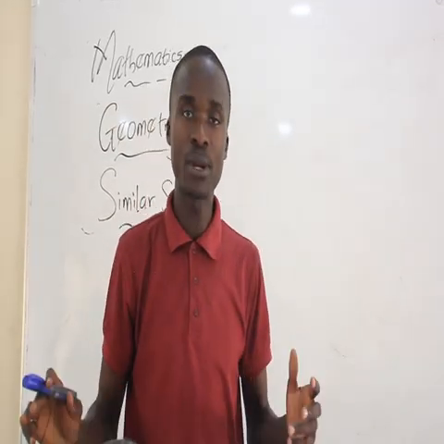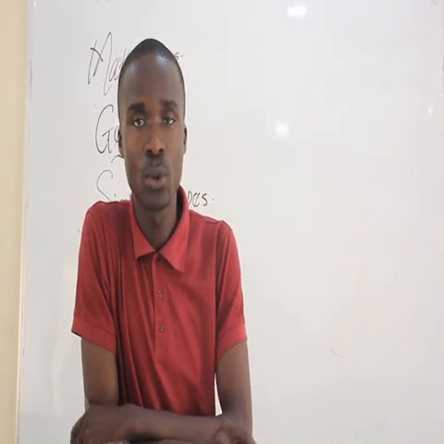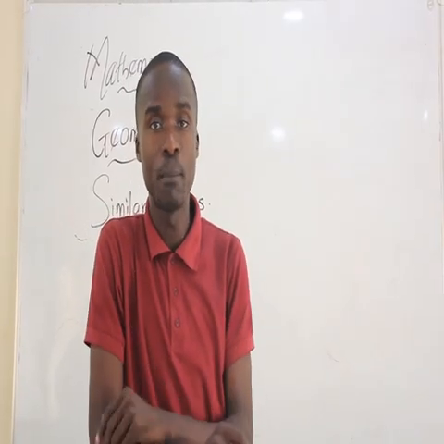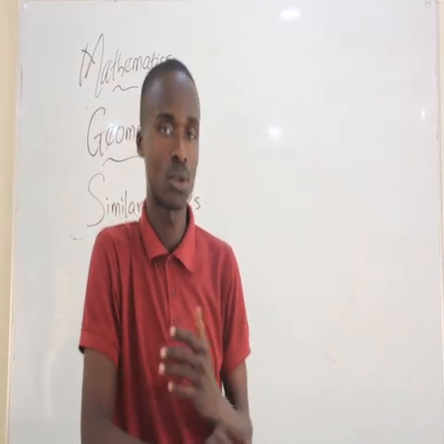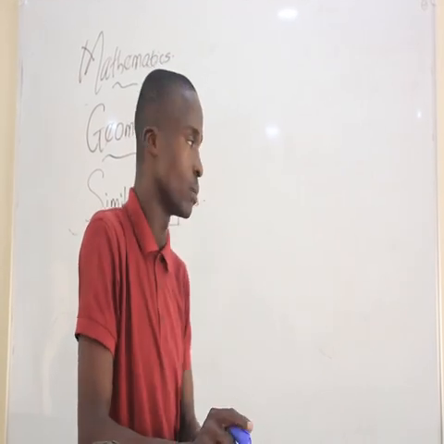I've taught you different ways you can address similar shapes, but I will quickly go through some revision now to refresh our mind on what is expected of us to know and what we have been taught on similar shapes.